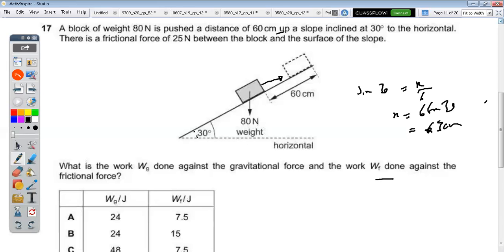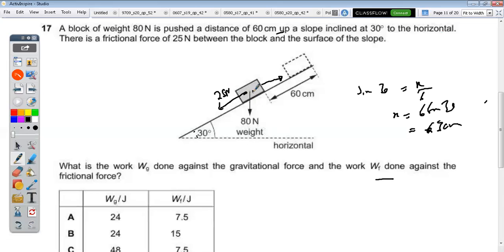I'm missing some geometry. The frictional force, we agree that it is in this direction? 25 newtons? Yes. Then this one is in this way.